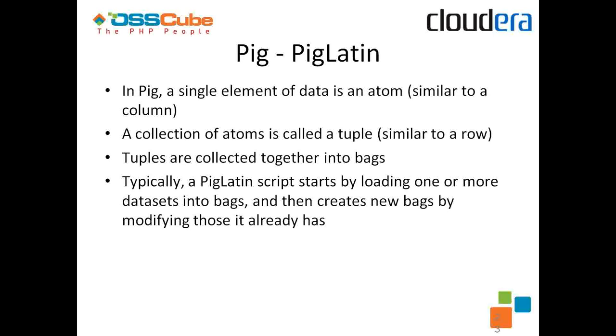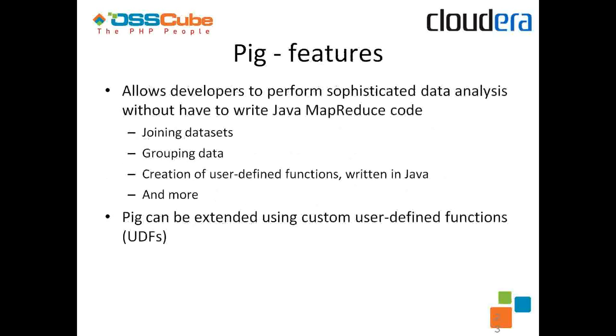You create a bag, then you perform some operations on that bag, which produces new output, and that new output you store in a new bag. Then you do some processing on that bag, and the output of that you store in a new bag. In that way, you flow through all your operations until you ultimately get your final result set.